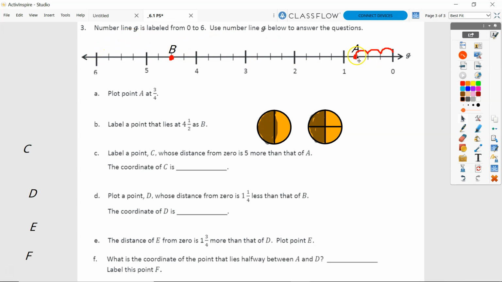So from 3/4 to 1 3/4, that's 1. And then to 2 3/4 is 2. 3 3/4 would be 3. 4 3/4 would be 4. And 5 3/4 would be 5. So I know that C would be right here, and it's 5 away from point A.